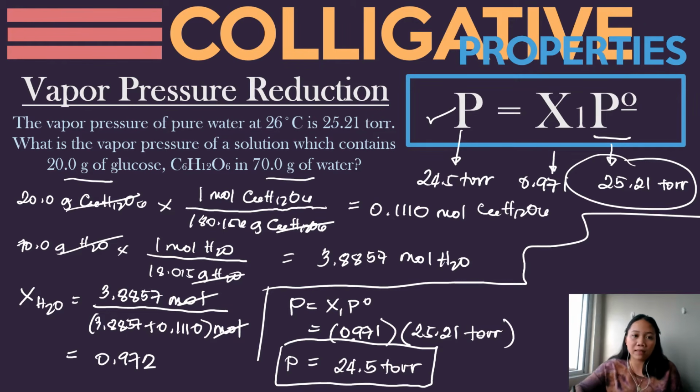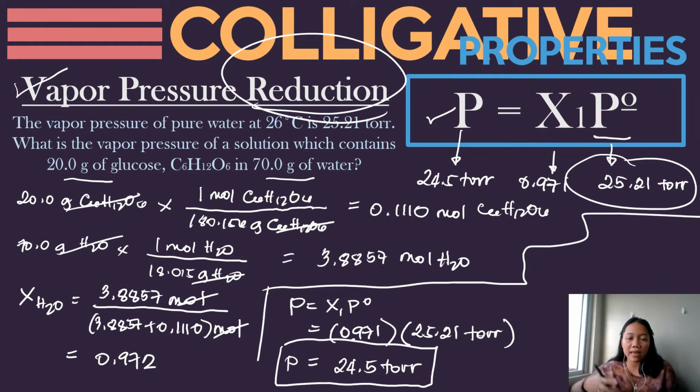That means that there is a vapor pressure reduction. There is a reduction of your vapor pressure from before and after creating the solution. So this is vapor pressure reduction. So all you have to do is to memorize the formula. That is P is equal to x sub 1 P prime.